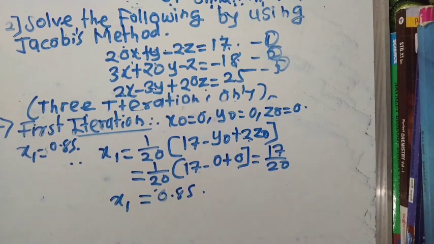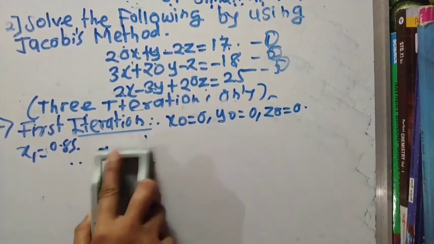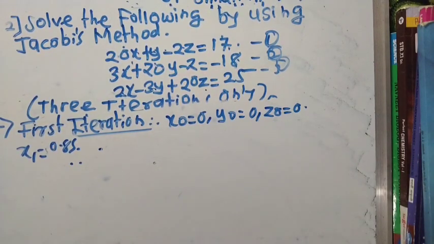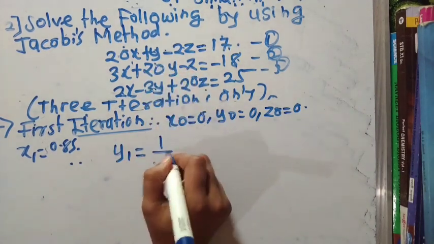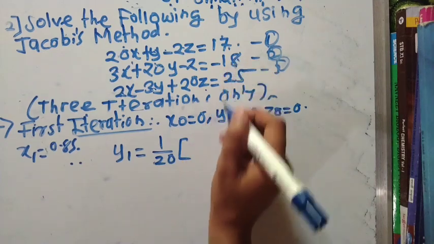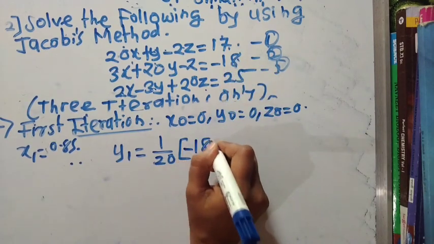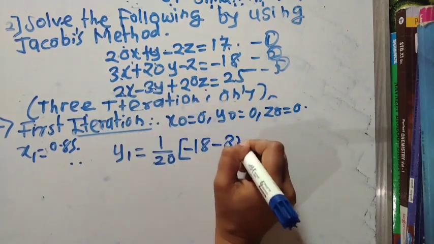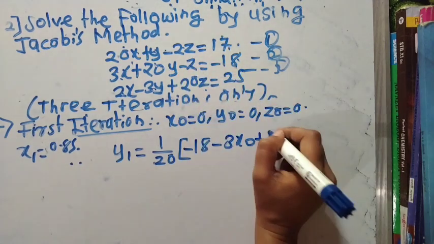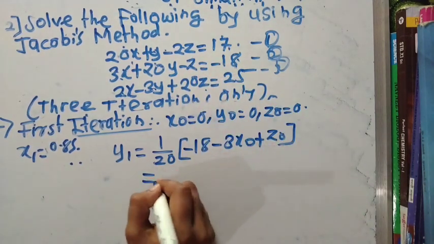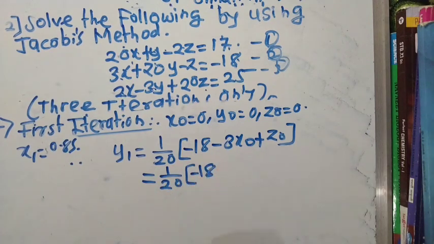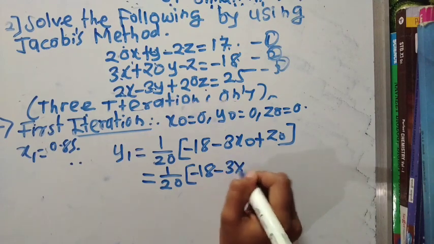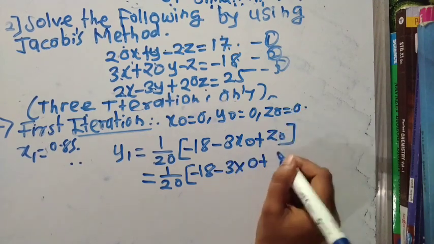Then find out y1. So y1 is equal to 1 divided by 20, minus 18 minus 3x0 plus z0. Here 1 divided by 20, minus 18 minus 3 into 0 plus 0.